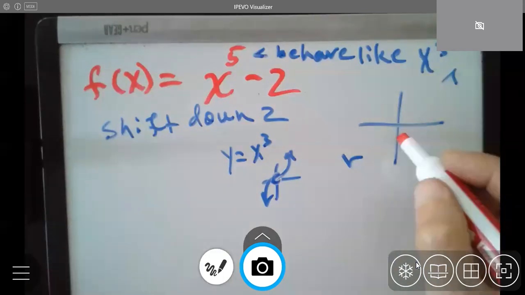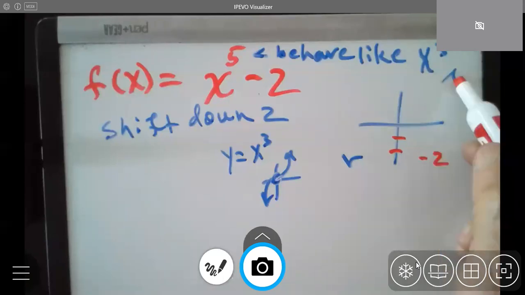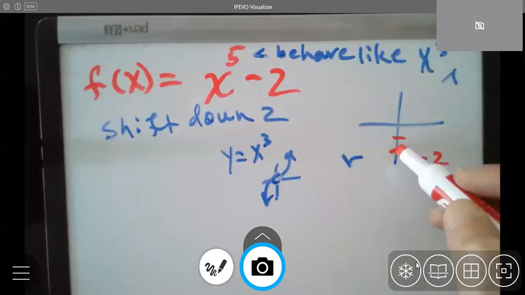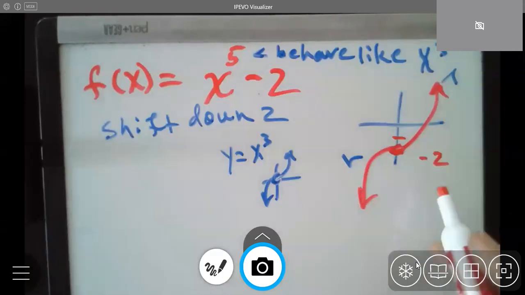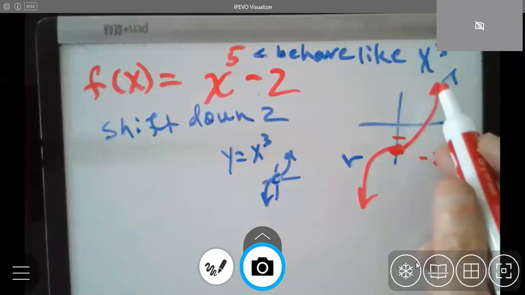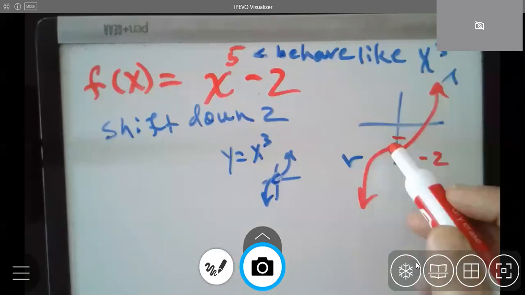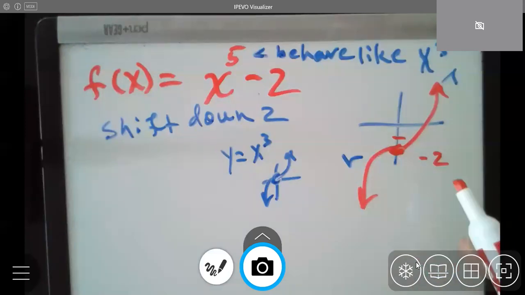So 1, 2, -2. And we said it opens to the up, to the right, and down to the left. So when you draw it, you start from the middle and draw it up like a positive parabola and then down like a negative parabola. So it's like 2 halves to a parabola, half up and half down. And that's your graph, okay?